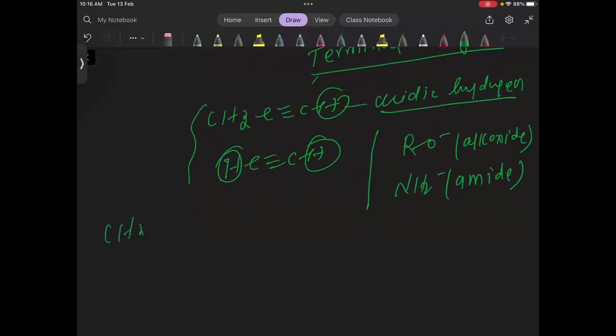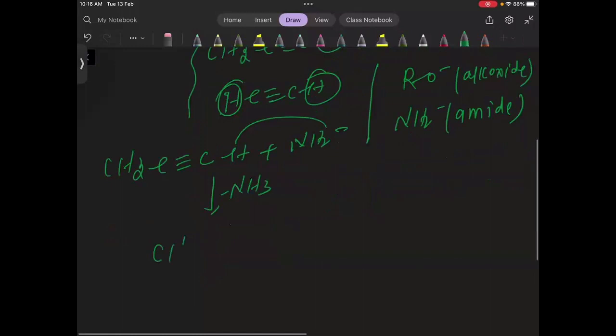Suppose we have CH3, C triple bond CH, and we have taken the NH2 negative base, which will attack the acidic hydrogen. Ammonia is going to be removed, and CH3, C triple bond C negative will form.